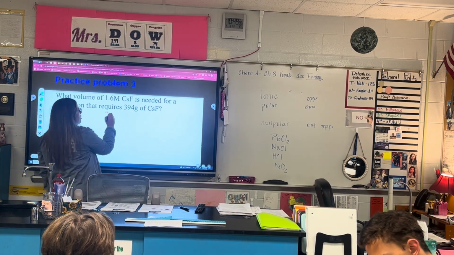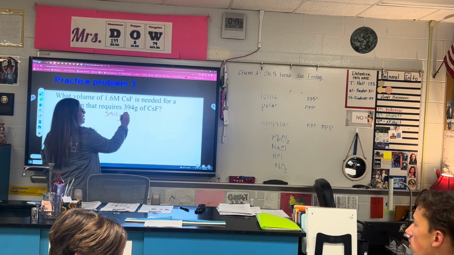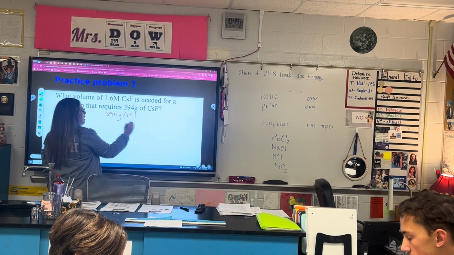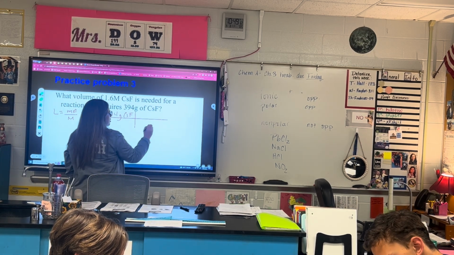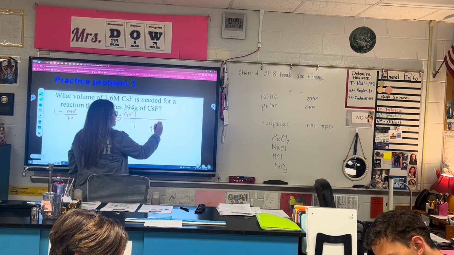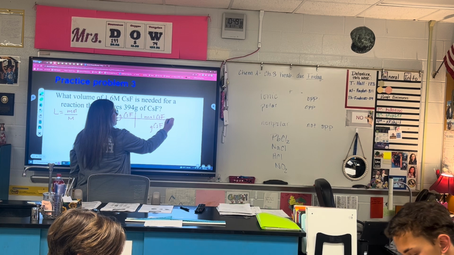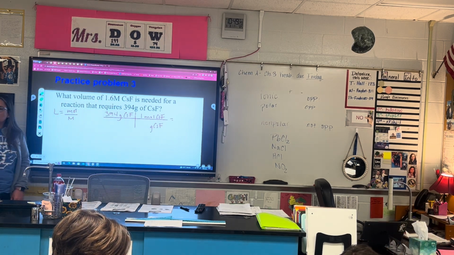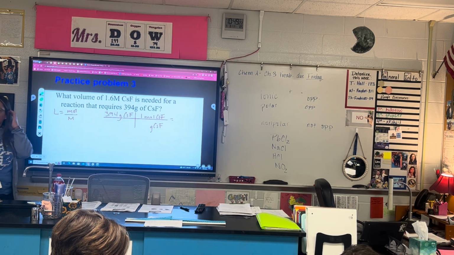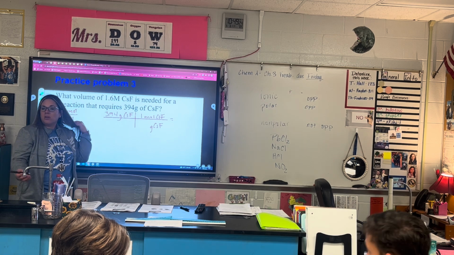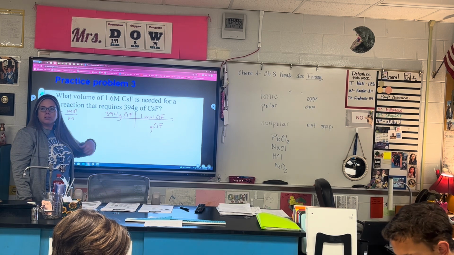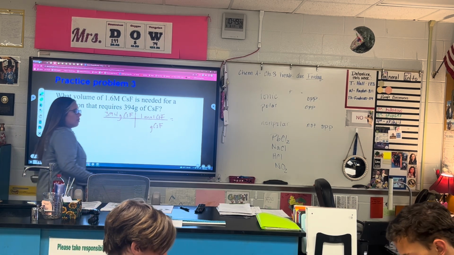So let's start with our 394 grams of CsF, and let's get that to moles first. So our grams of CsF go down here, for 1 mole of CsF. So what's our mass of CsF? We'll go to at least 1 or 2 decimal places. 132.9?